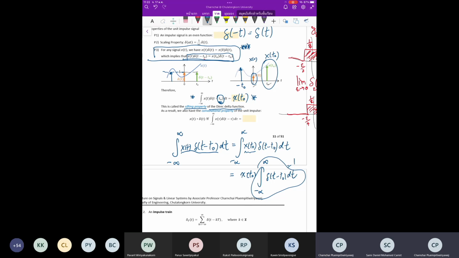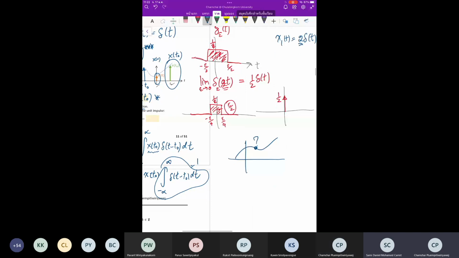For example, suppose I have a function and I want to know the value of x at t equal to 2. What do I do? I integrate x(t) multiplied by delta(t minus 2) from negative infinity to infinity.